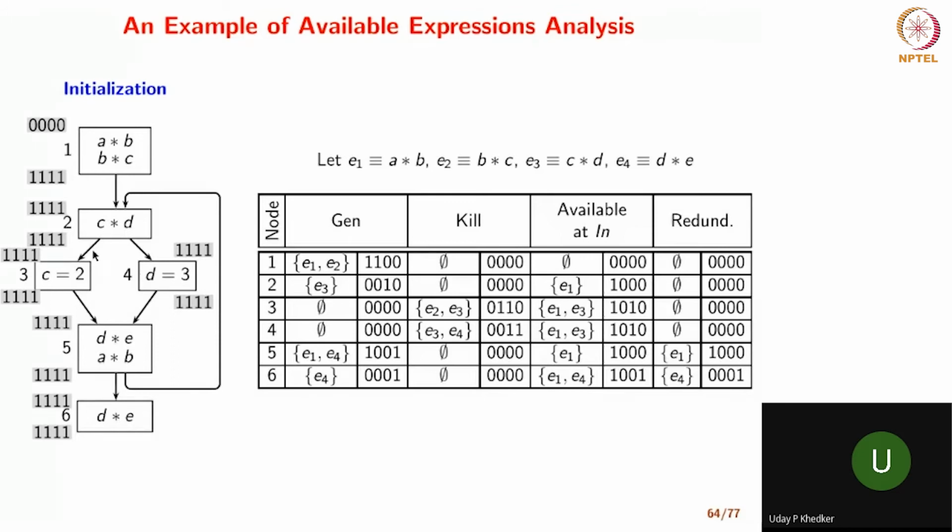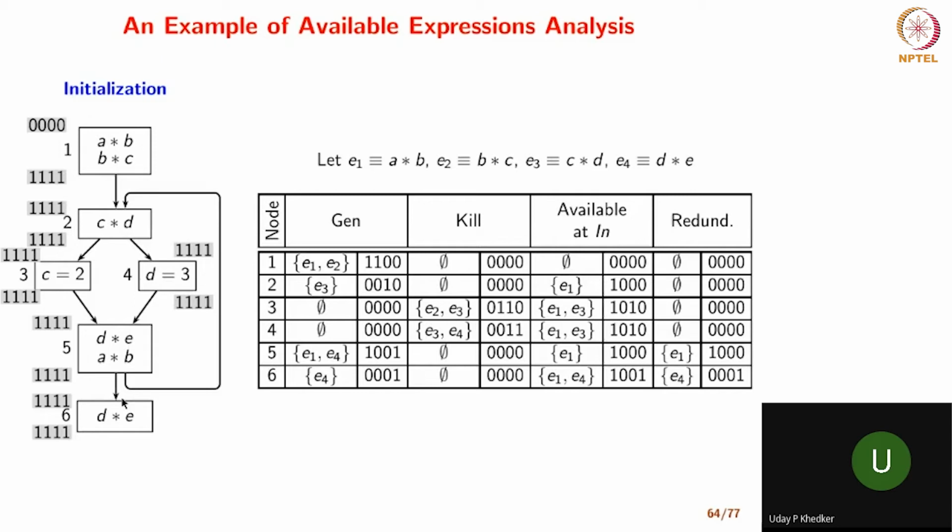So here our initial value is the universal set, because we are doing intersection instead of a union. So our boundary information is the empty set, all zeros, and initialization is all ones, and now we compute starting from this. Now in a forward traversal we compute the data flow values.